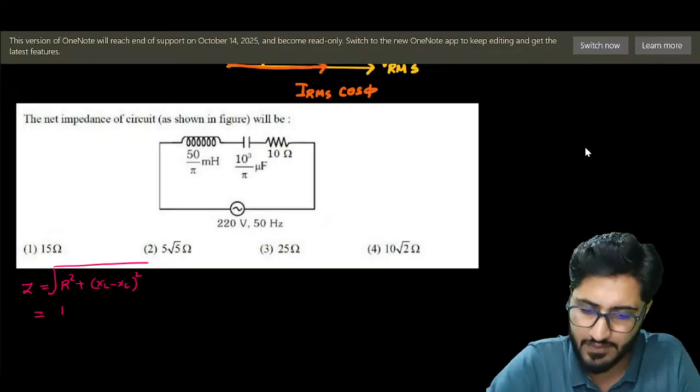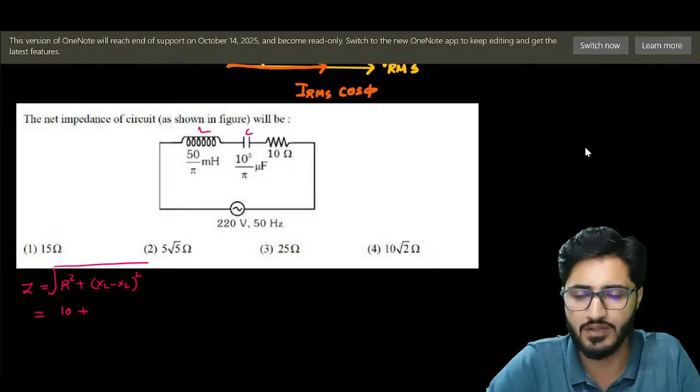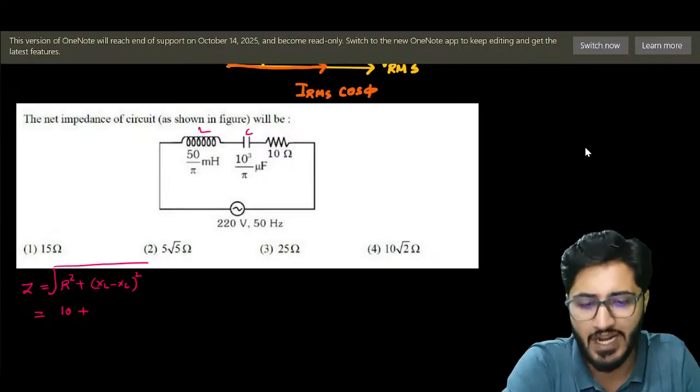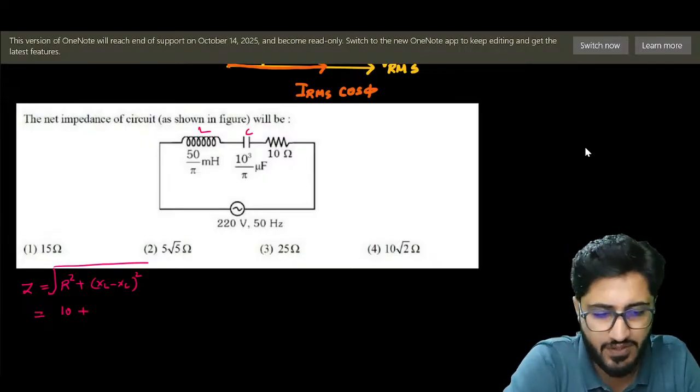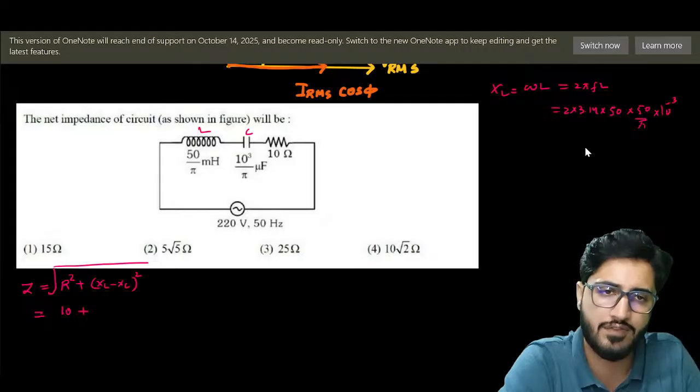R is 10. What is XL? L is in microhenry only, right? So what is XL now? Omega times L, that is 2 pi F times L. F is 50, L is 50 by pi into 10 to power minus 3.